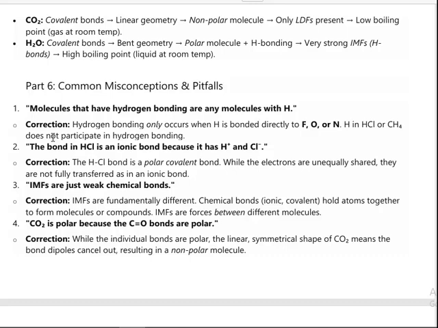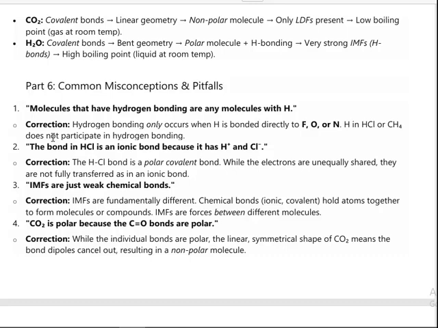Now let's look at common misconceptions. First, that molecules that have hydrogen bonding are any molecules with hydrogen. That is false. Hydrogen bonding only occurs when hydrogen is bonded directly to fluorine, oxygen, or nitrogen. Another misconception is that the bond in hydrogen chloride is an ionic bond because it has H plus and Cl minus.